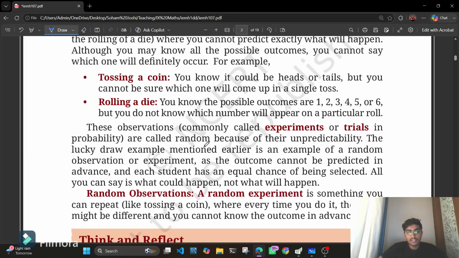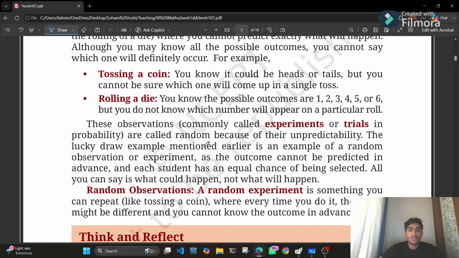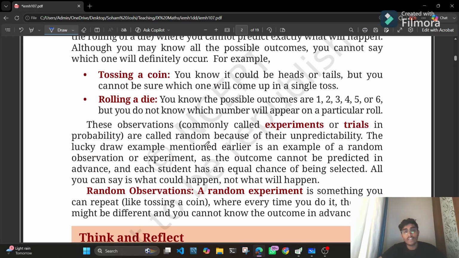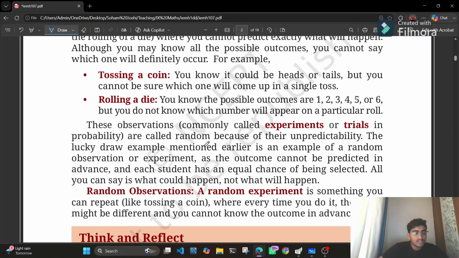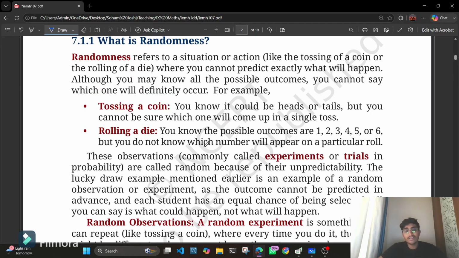So any of these two is going to happen. Now, if you are rolling a die, you may get a one, two, three, four, five, or six. There is no other possibility that is going to come, right? So this suggests randomness.